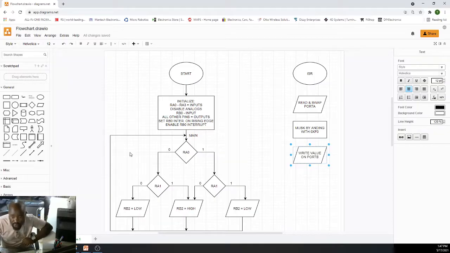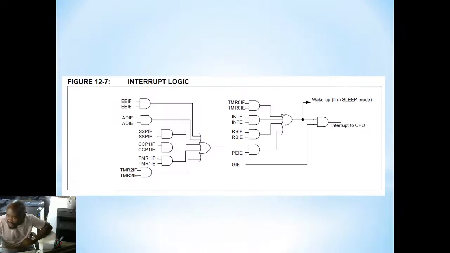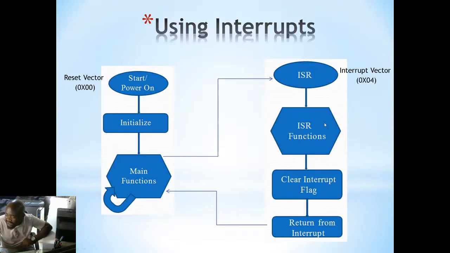But now that's not where it ends when it comes to interrupts, because we say before you return from interrupts, you need to clear the interrupt flag. Although we are done with the function, we still need to clear the flag before we return from interrupts. So I need to go and clear the interrupt flag.